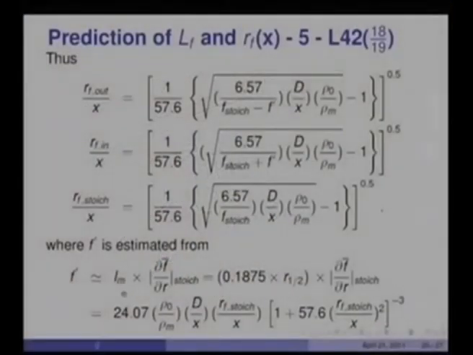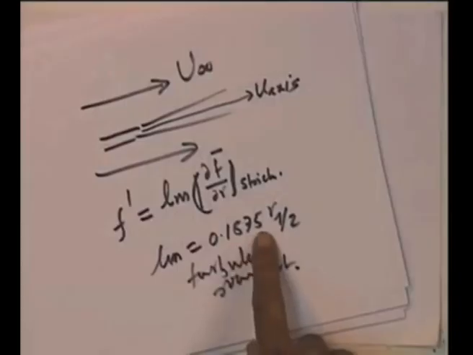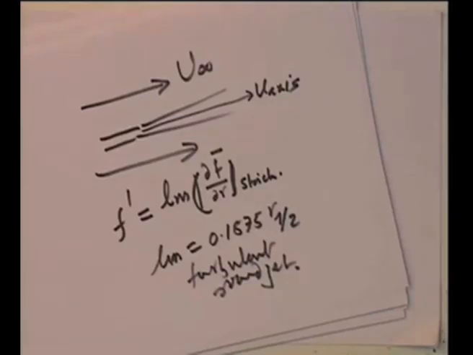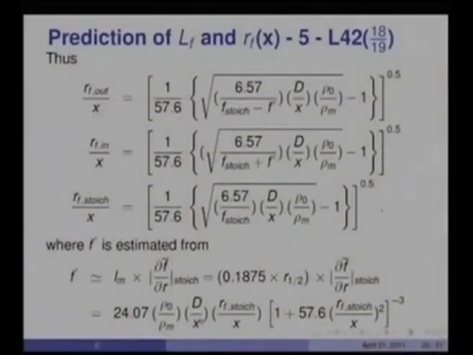There is no distance-from-the-wall term here, simply because there is no presence of a wall, and therefore, the mixing length 0.1875 r half is essentially a constant. So, if we substitute for r half, then f dash would essentially become like that. At each x, we can predict f dash and R f stoic by x whole square.